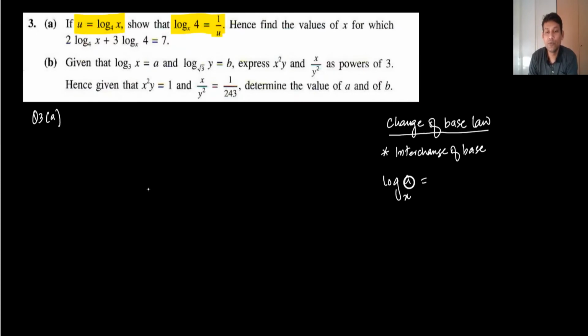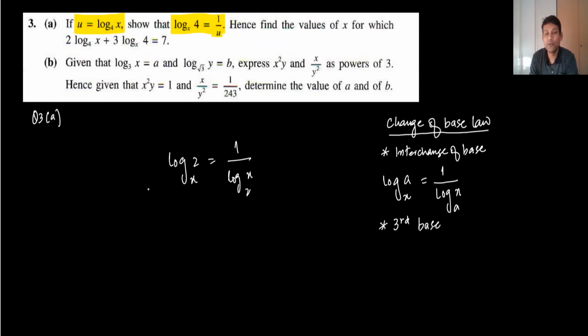When you want to make a the base, what will happen? 1 upon log base x of a. This is interchange of base. 1 upon something. For example, you have log x base 2, and 2 will become the base and x, and this is 1 over it. Second, in change of base law, we have the third base. We need the third base. Third base means when you do not require a or x as a base.